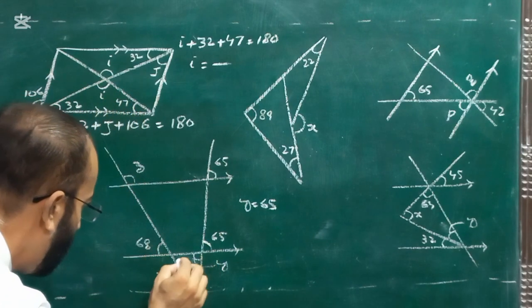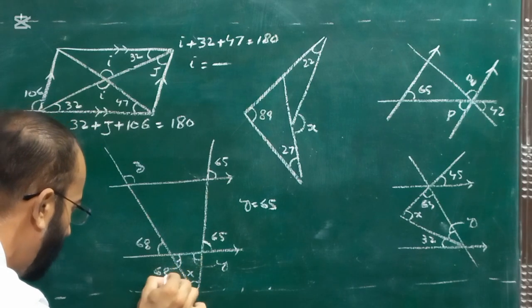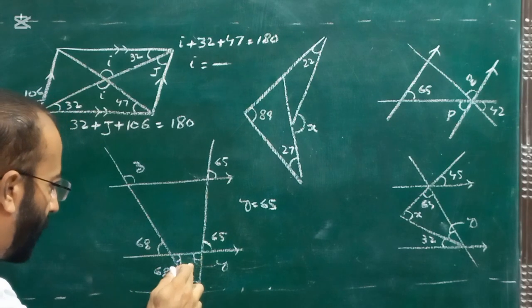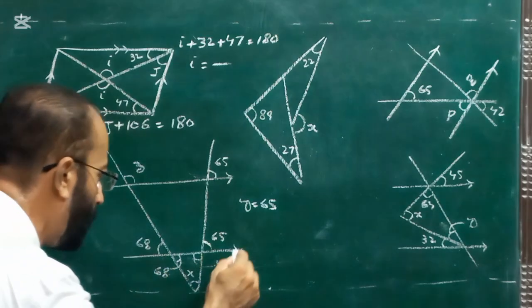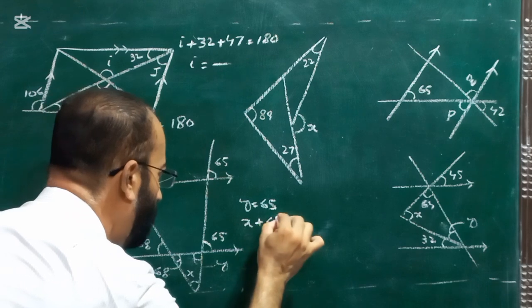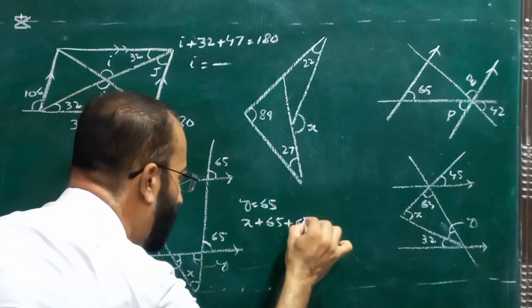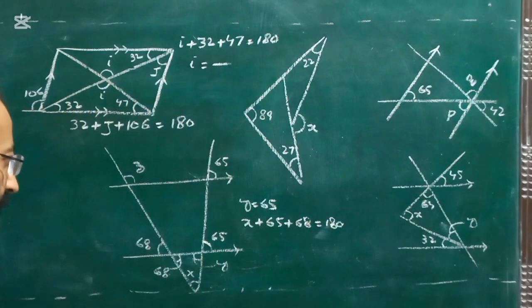If this is 68, this will also be 68 because of the vertically opposite angles. So Y angle is 65, so X plus 65 plus 68 should be equal to 180 degrees. From here you can find the value of X.